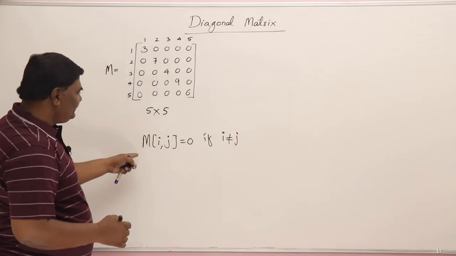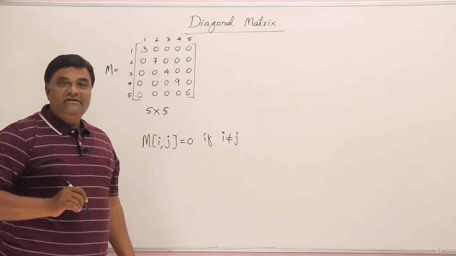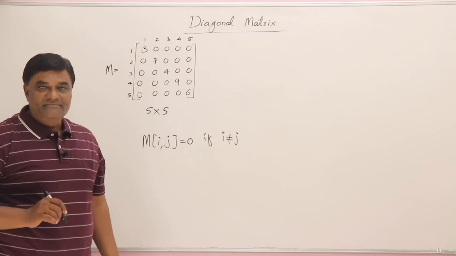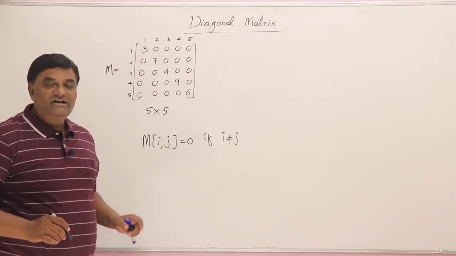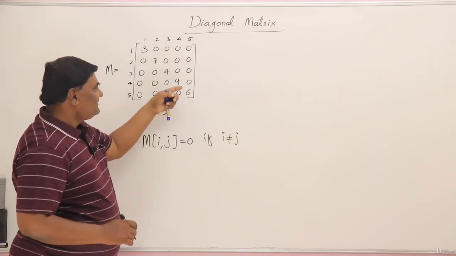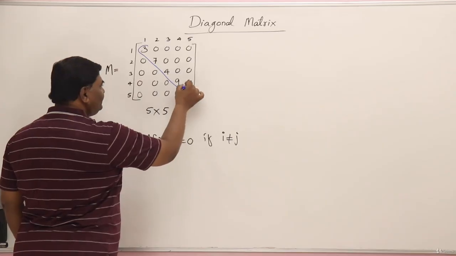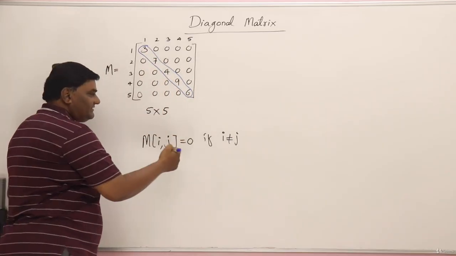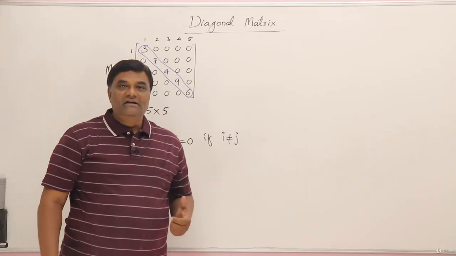If i is not equal to j, then it is a diagonal matrix. If they are equal, then the elements may be 0 or non-zero. We don't bother about that. We bother about the rest of the elements. All these elements must be 0, and these elements are non-zero elements, the rest of the elements are zeros. So I have given a definition of diagonal matrix.